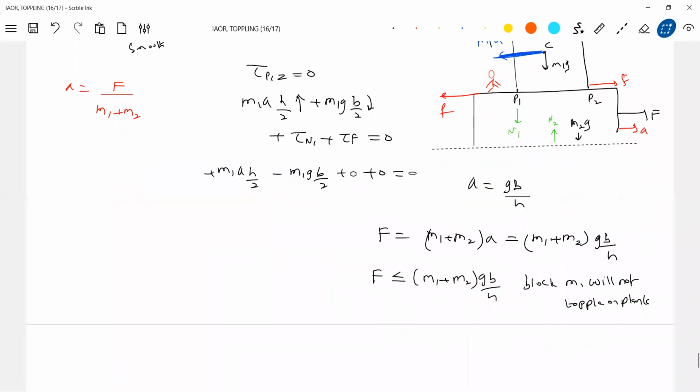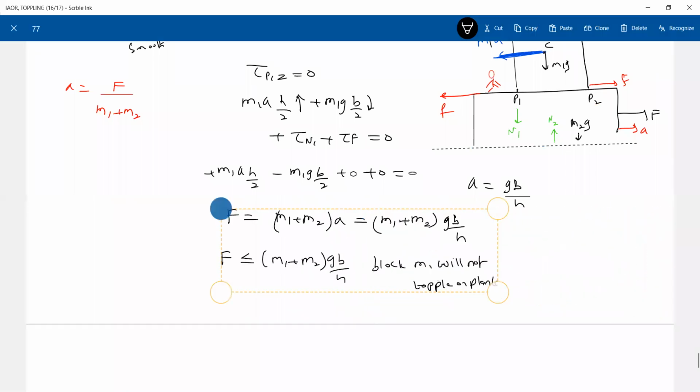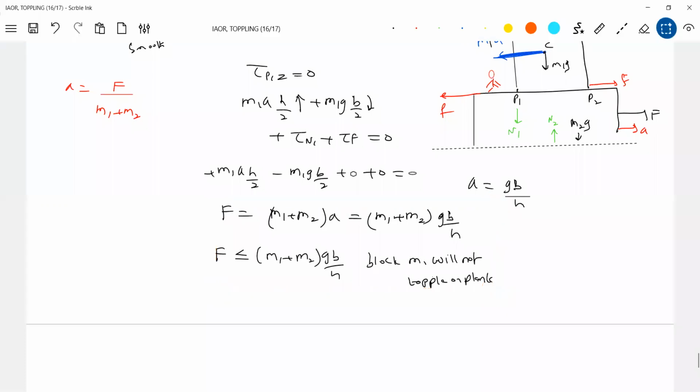I'll shift up a little bit. Will not topple on the plank, and the complete description I'll show, just you see once.